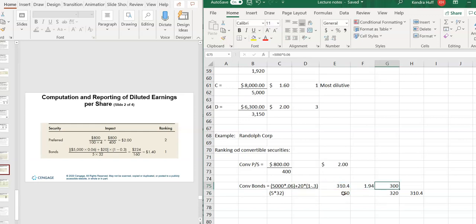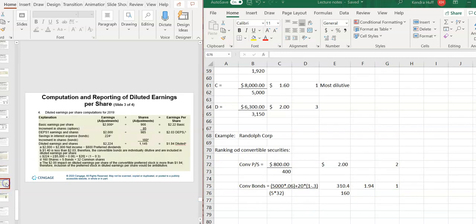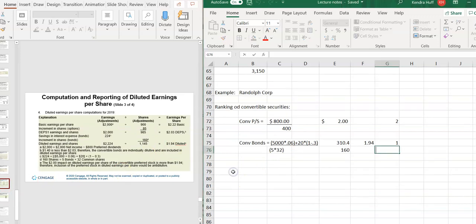Still goes first. All right, so this would be 1, and this would be 2. All right, so now I'm doing the earnings per share.